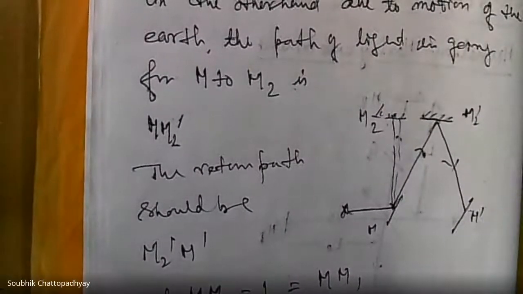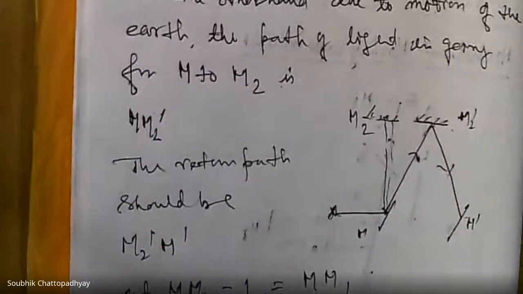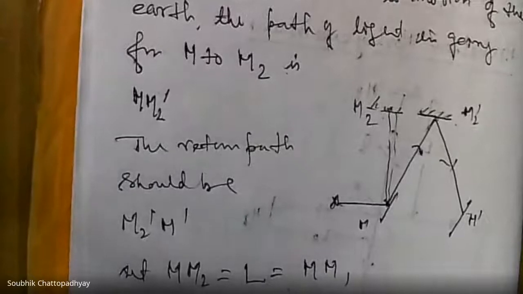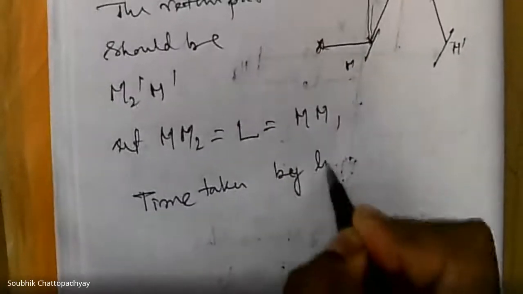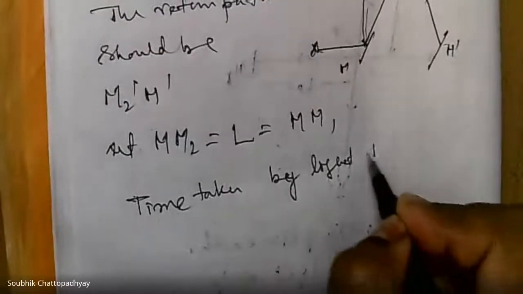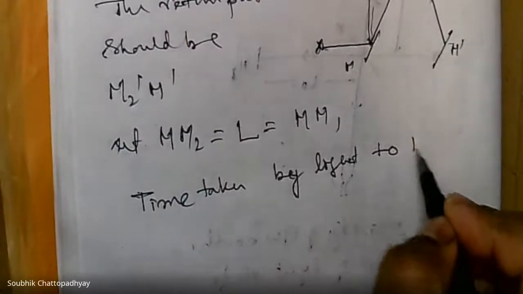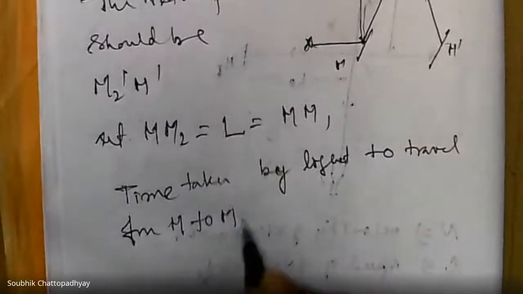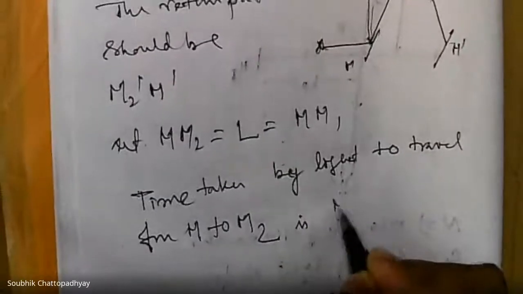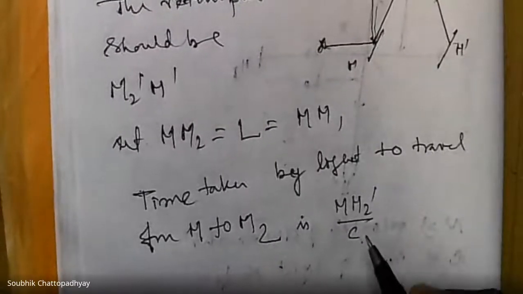The time taken by light to travel from M to M2 dashed is M2 dashed by c.